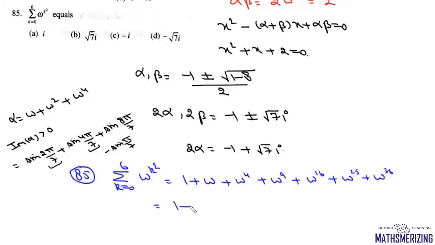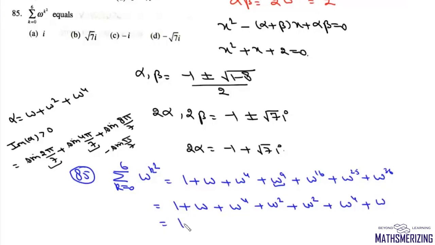Now omega to the power 7 is 1, so omega to the power 9 is nothing but omega square. Omega to the power 16 is omega square. Omega to the power 25 is omega to the power 21 into omega to the power 4, so it will be omega to the power 4, and omega to the power 36 is omega.